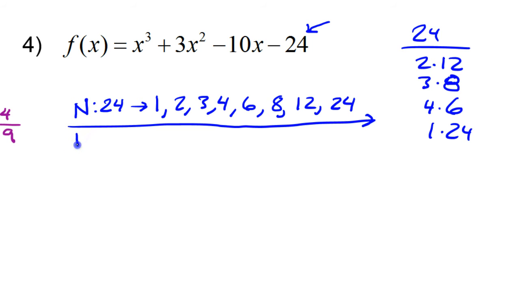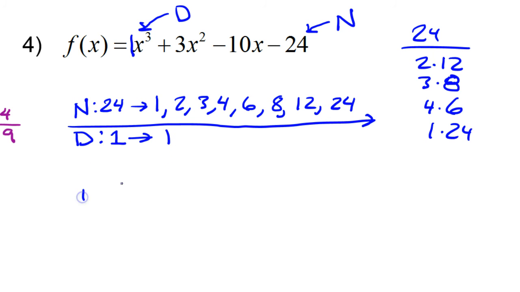Now, those are numerators. The possible denominators are going to be factors of the leading coefficient. But in this case, the leading coefficient is just 1, and the number 1 only has one factor, and that's 1. So the only possible rational roots are going to be these numerators over this denominator.